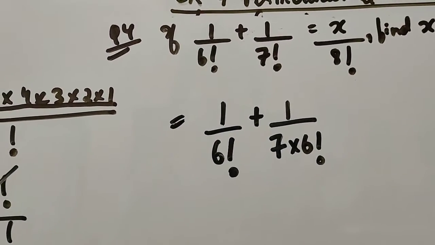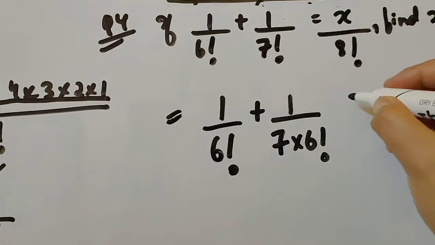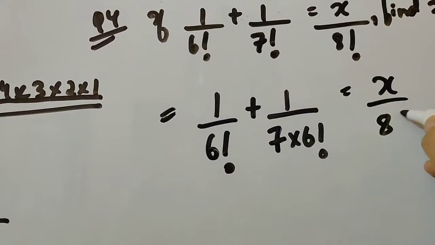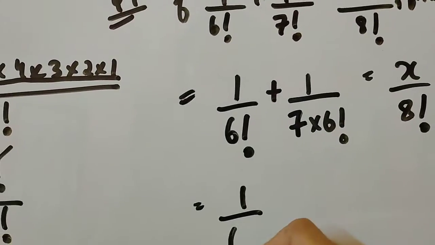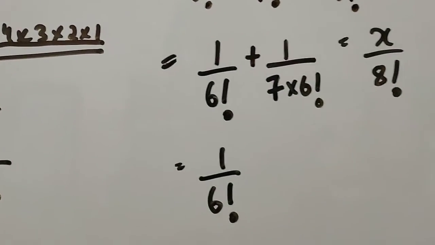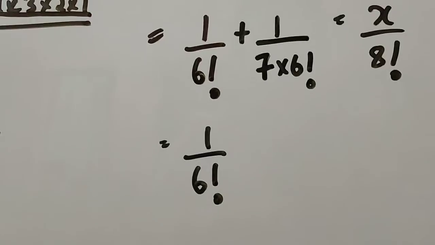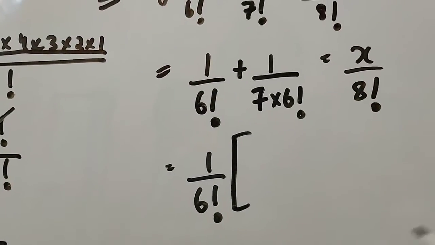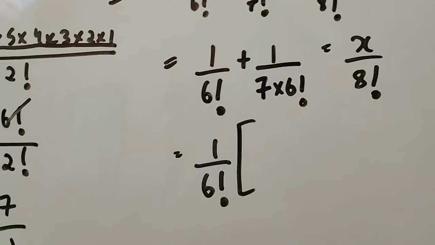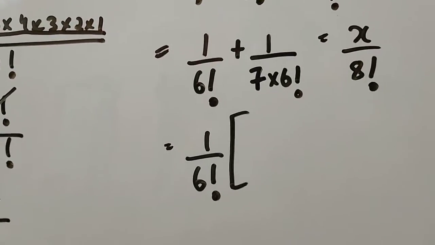And this one keep as it is. Then 1 by 6 factorial I can take common now. We must always try to make the calculation easier. Or else you can open up and calculate also, but your calculation will become very much bigger.